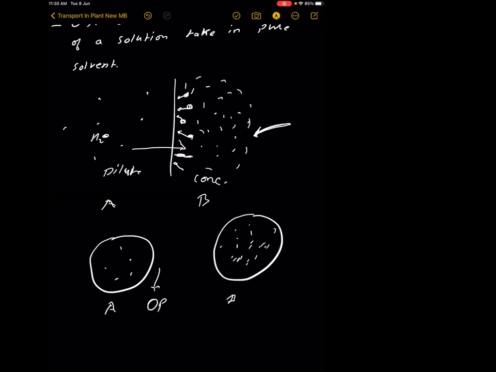The B cell has more OP than A. In that condition, water always moves from A to B. Both have osmotic pressure, but the osmotic pressure of A is less than B. So B absorbs water. It has more tendency to absorb water. This is the concept.